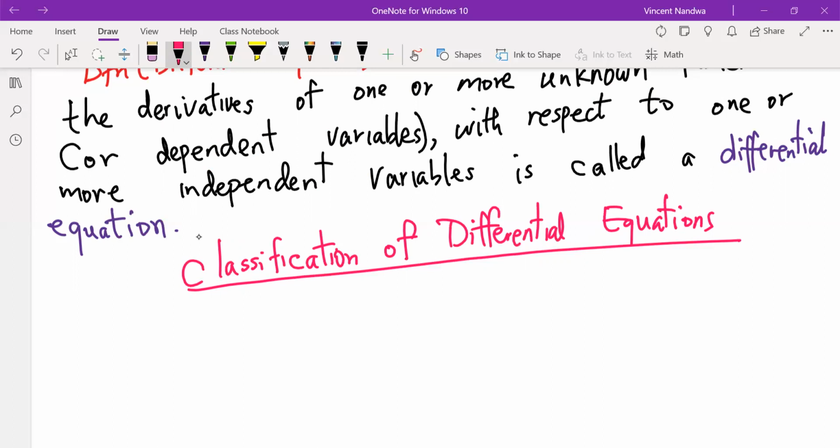Now we can classify differential equations according to type, order, and linearity.